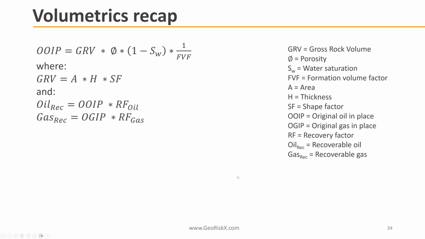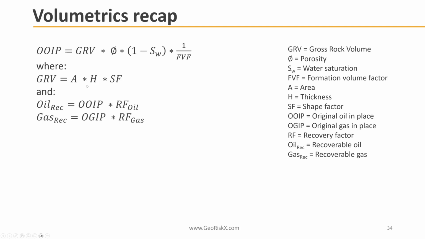Most of you should already be familiar with how we calculate volumetrics. But real quickly, we'll just review this. We want to calculate, let's say, our oil or gas in place. Well, the way we do this is we have our gross rock volume, we multiply that by a porosity, multiply that by our hydrocarbon saturation, account for our formation volume factor, and that gives us our oil in place.